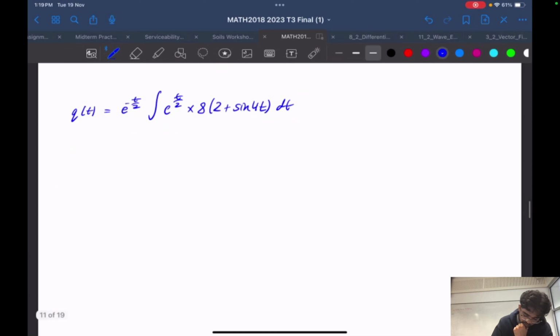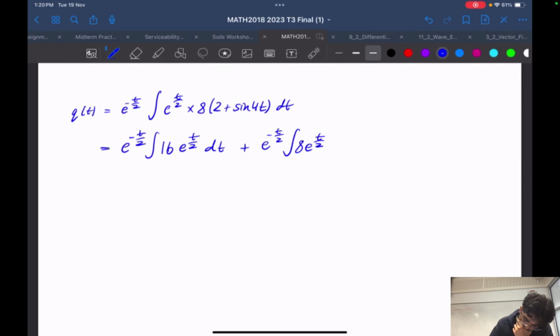Cool. So I'm actually going to break this integral up. It's e to the minus t on 2 times the integral of 16 e to the t on 2 dt plus e to the minus t on 2 times the integral of 8 e to the t on 2 times sine 4t dt.